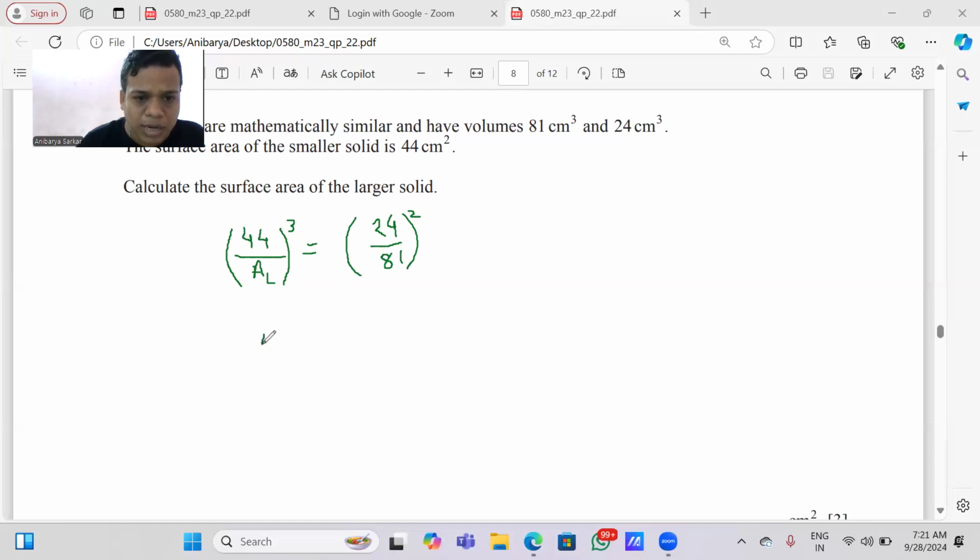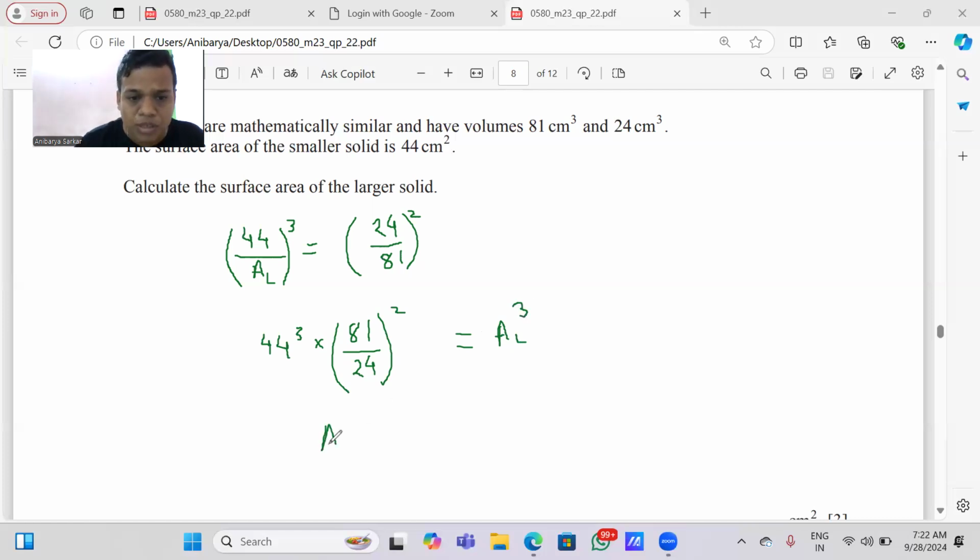So here we can write 44 to the power 3, into, cross multiplying, 81 divided by 24. This is squared, and that is equal to AL cubed. Now what is the value of AL?